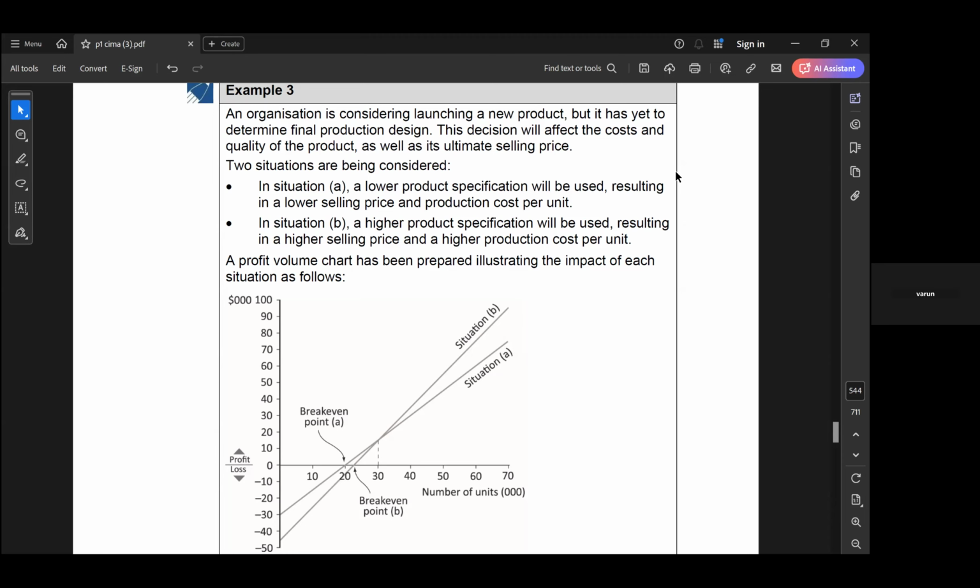That's why the break even is shifted, right? Beyond one particular point, it starts accelerating its profit. So this is what we see. This is a profit volume chart because of the negative and the positive, right?